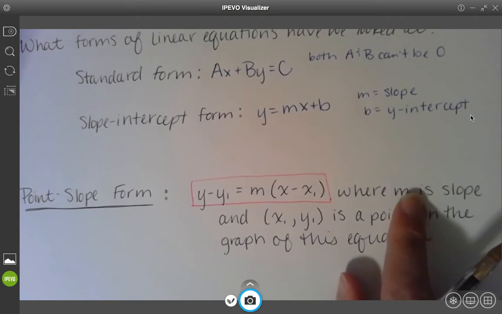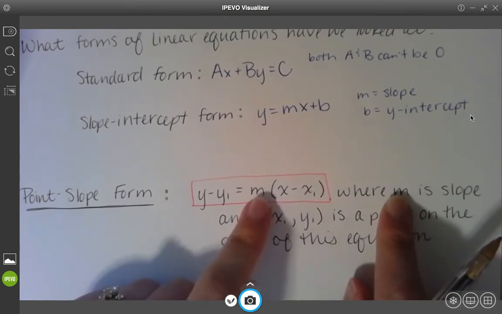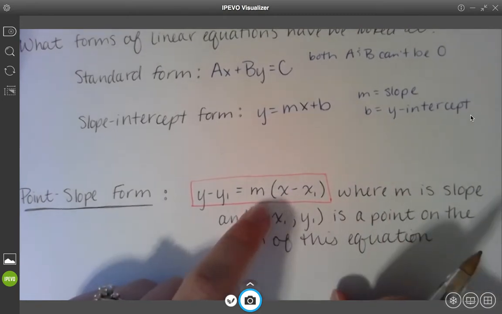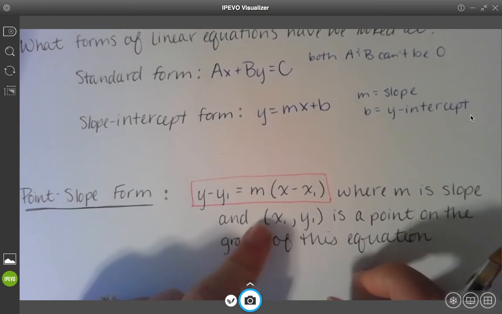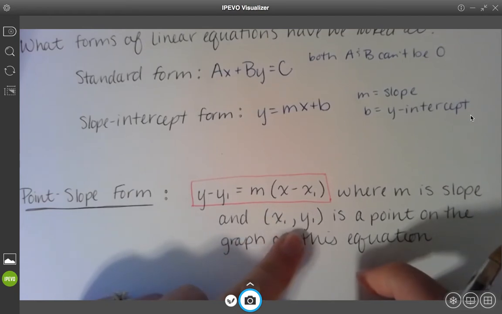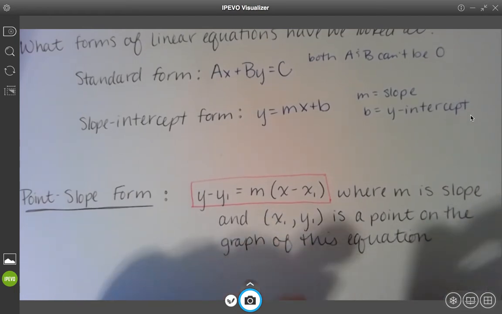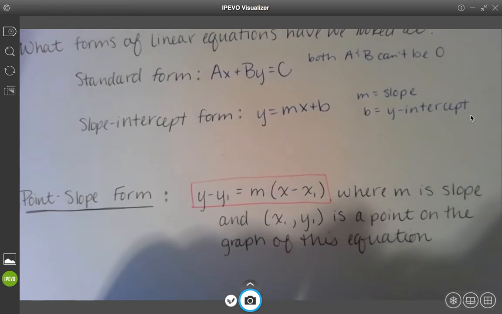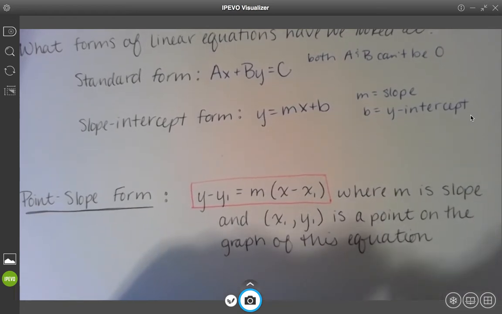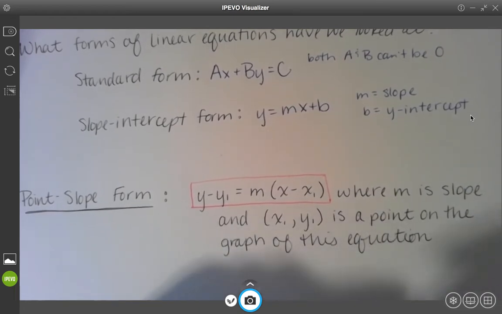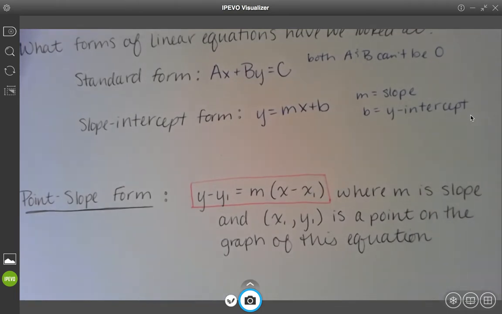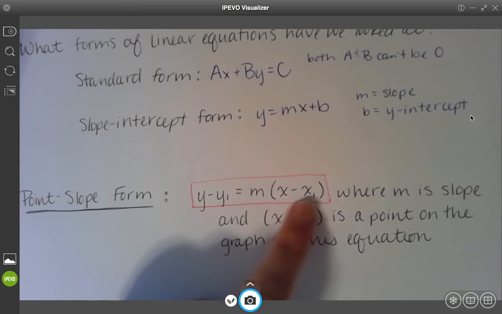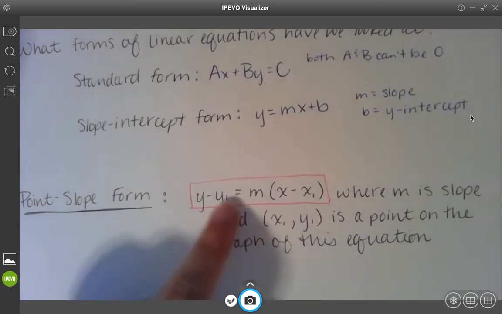M is slope, so that stays consistent. If we're given slope, we know exactly where to put slope. x1, y1 is a point on the graph of this equation. So what you're going to be given is a point and a slope, and then we can quickly write it in this form.